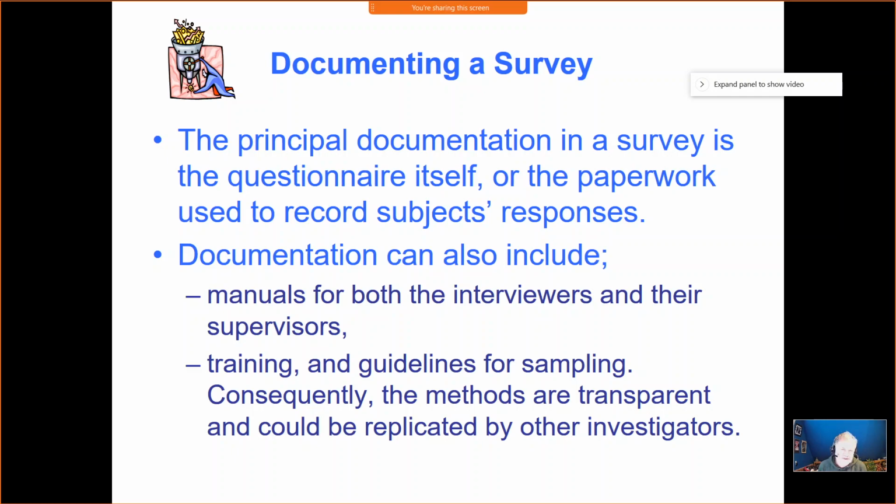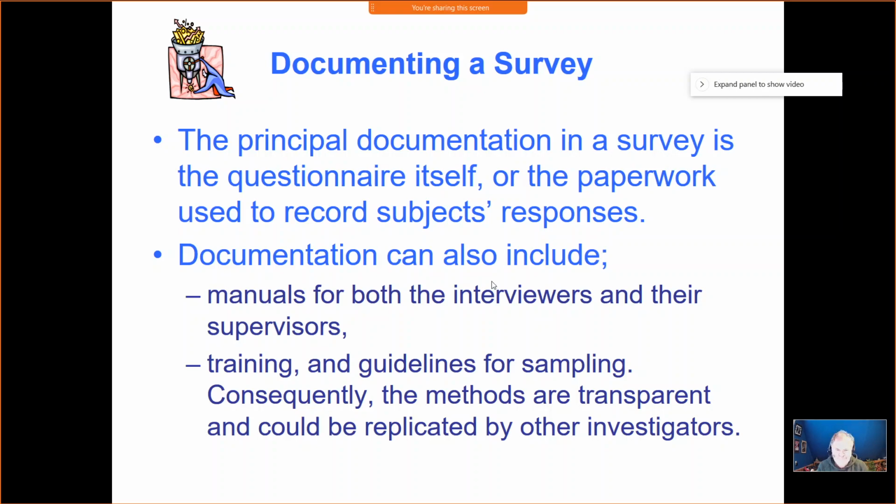You call the number: Hello, I'm so and so from the research analyst program. Would you be interested in answering a few questions on, I don't know, use of hand calculators? It can also give a data coding manual. So there are levels of complexity to documentation for surveys.